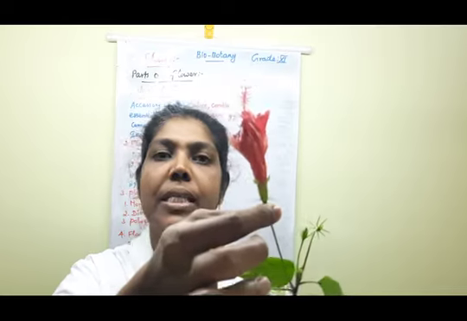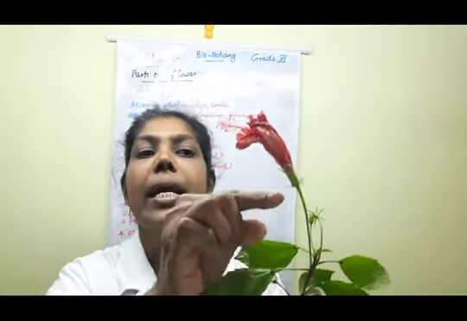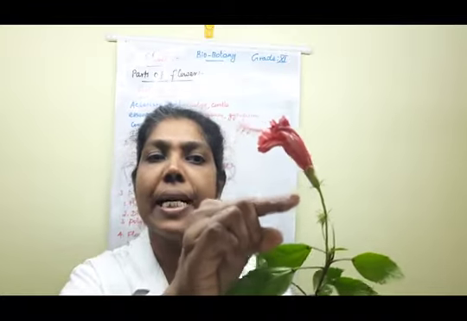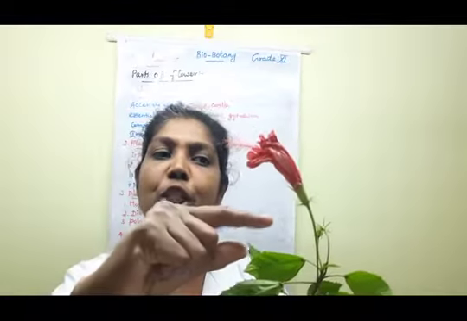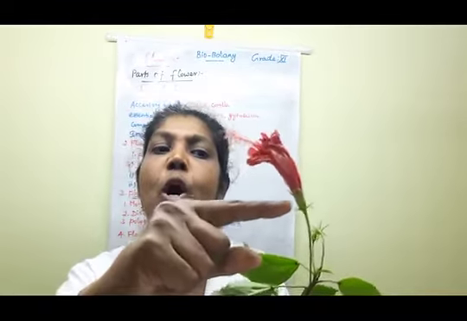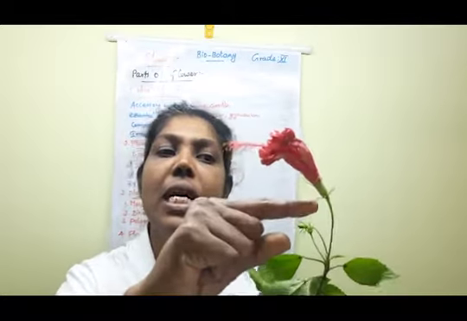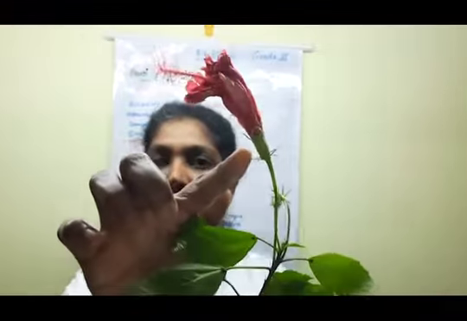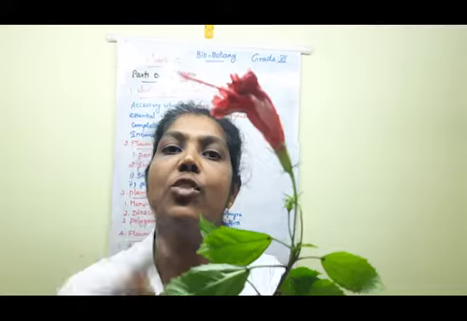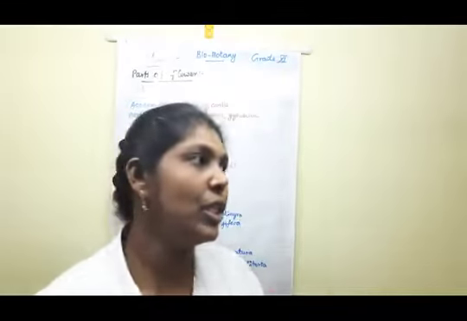Here, this is a part of the flower, Hibiscus rosa-sinensis. In this flower, this is the pedicel region. Small bracteoles are present here, children. These bracteoles together are known as the epicalyx. What does that mean, children?